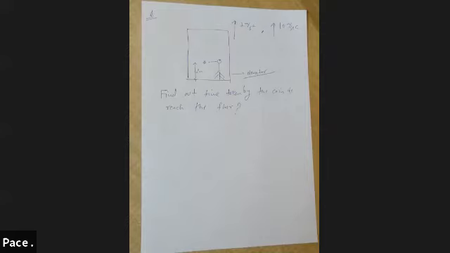This question you can solve using the relative motion concept. What was the relative motion concept? If there are two particles and both are in motion, here one is the elevator and another one is the man, you keep one of those at rest and solve the motion of the other one with respect to the previous one.